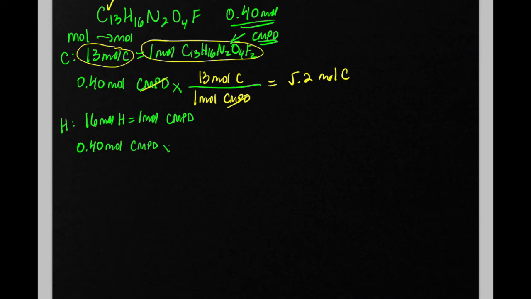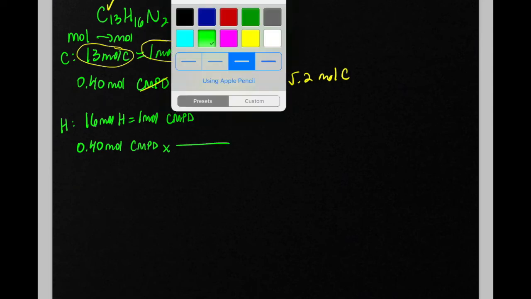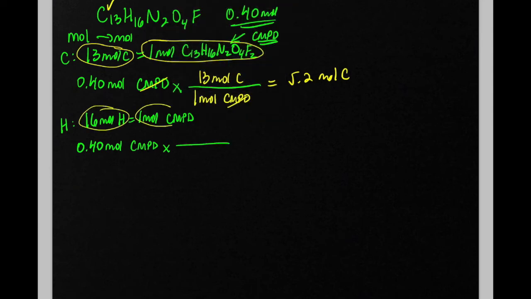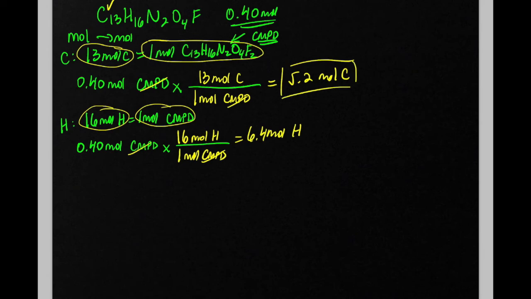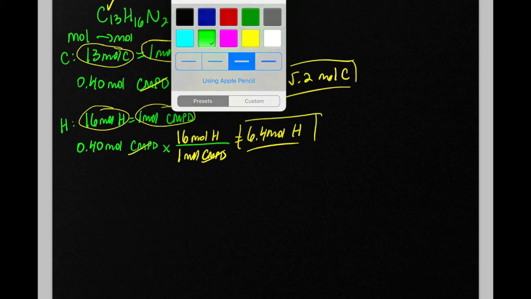We take the starting quantity of our compound in moles, and we position the two different parts on our conversion factor. We want 16 moles of hydrogen to be on top so that the 1 mole of compound on the bottom cancels. So 0.4 times 16 is going to be 6.4 moles of hydrogen. Okay, we should box up each one of these. These are going to be many different answers for this problem.